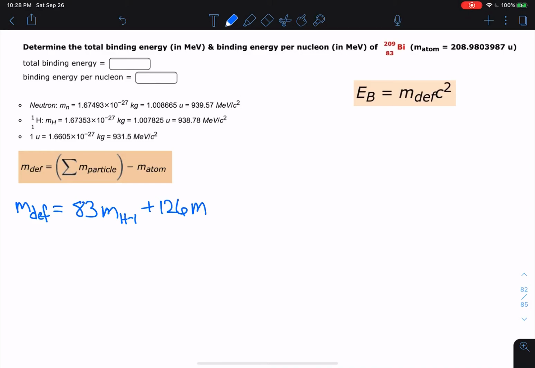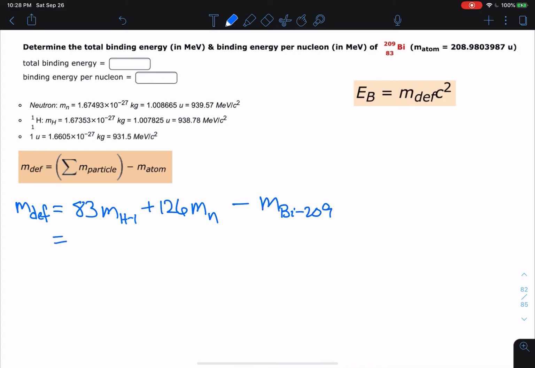What I'm doing in this first part is adding up all the particles that make up bismuth 209, adding up their rest masses. And then I've got to subtract the mass of bismuth 209.